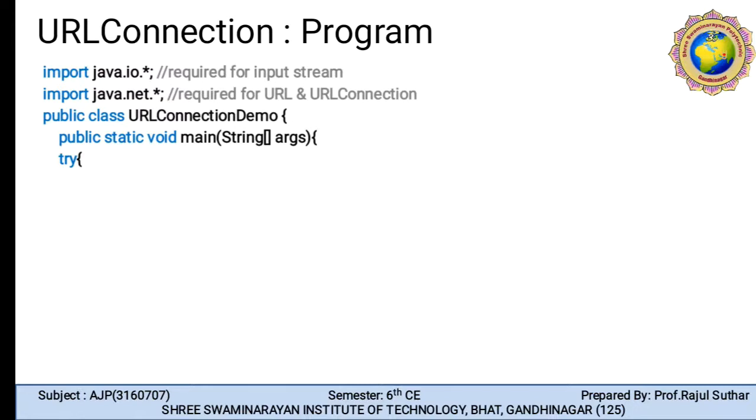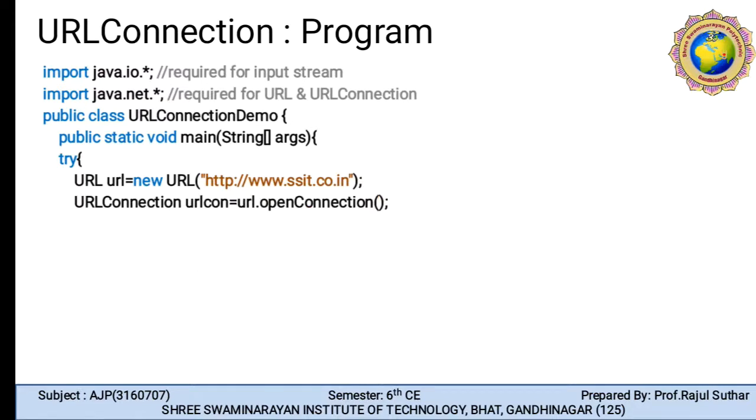Public static void main(String[] args). URL url is equal to new URL, in the bracket http://www.ssit.co.in, and we write URLConnection urlcon is equal to url.openConnection().